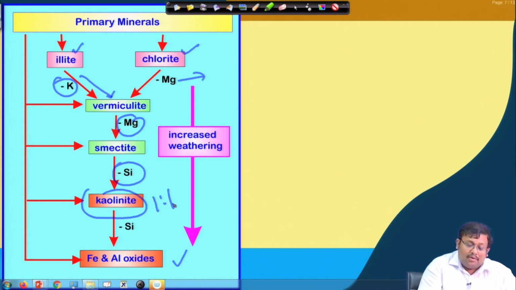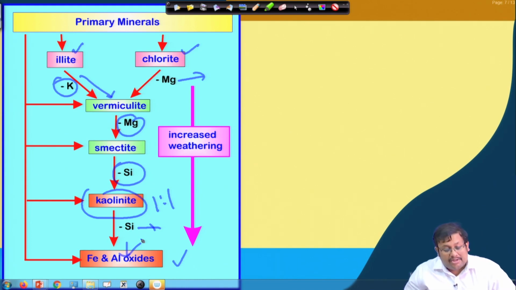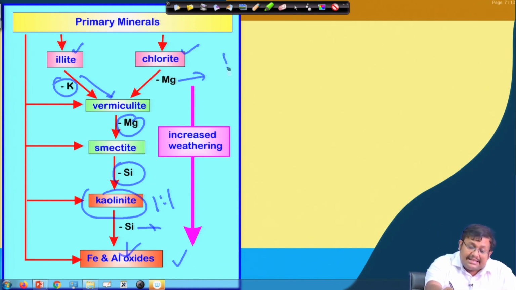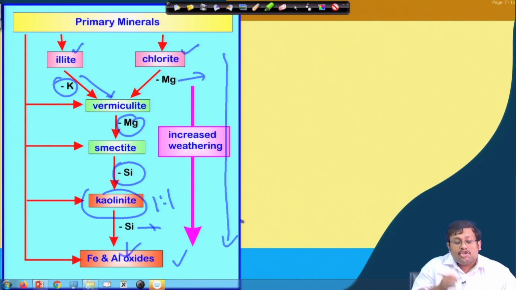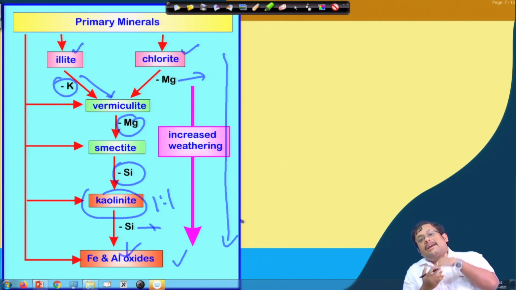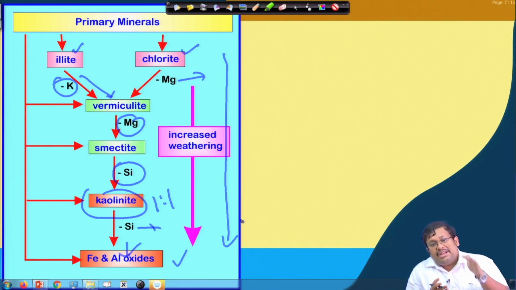From there, when there is further high intensity chemical weathering, in a warm and humid climate, there will be further loss of silica. Ultimately, it will develop into iron and aluminum oxide. So, you can see that in this direction there is an increased weathering rate. Obviously, illite and chlorite will appear in the initial stage of weathering, while kaolinite and iron or aluminum oxide will appear in the later stages of weathering.